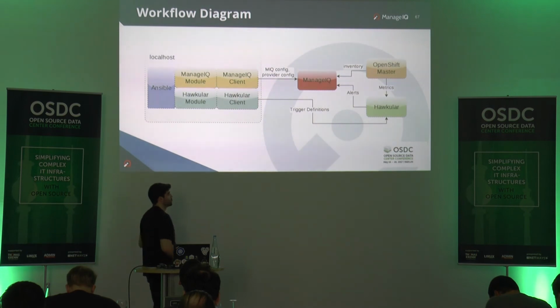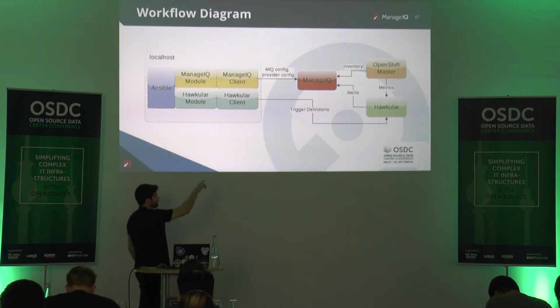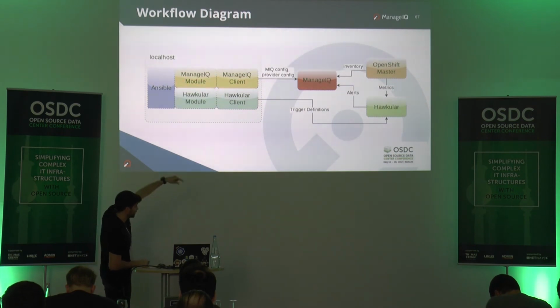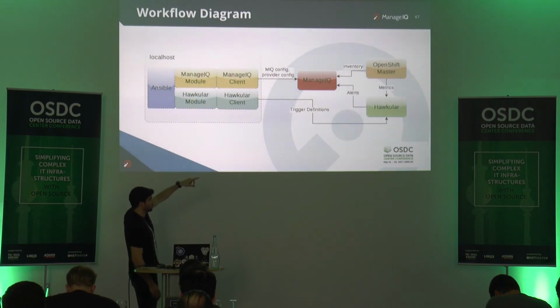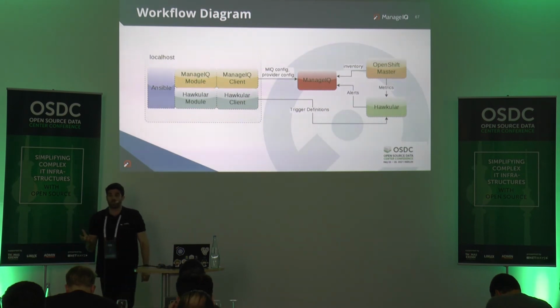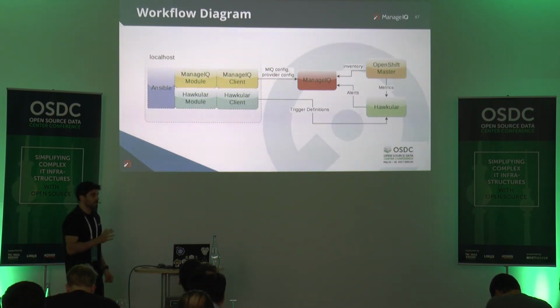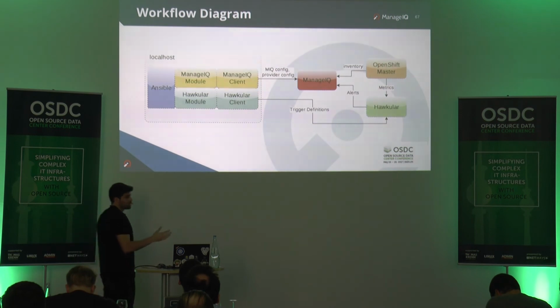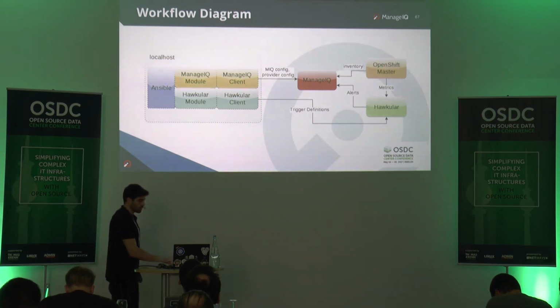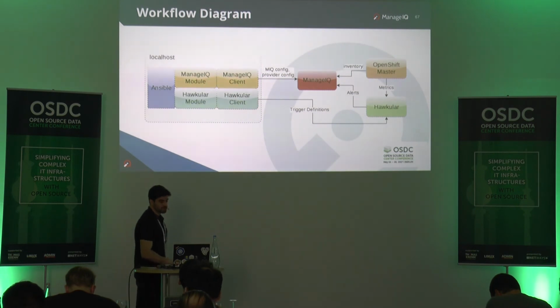You define your triggers to Ocular, and then Ocular gets its metrics from OpenShift, from the cluster. You can see the arrow there going down. And then there's another arrow for Ocular sending the alerts to ManageIQ, and the operator can actually see them from ManageIQ and then use the automation engine to do whatever he wants, to send an email or wake up someone in the middle of the night.